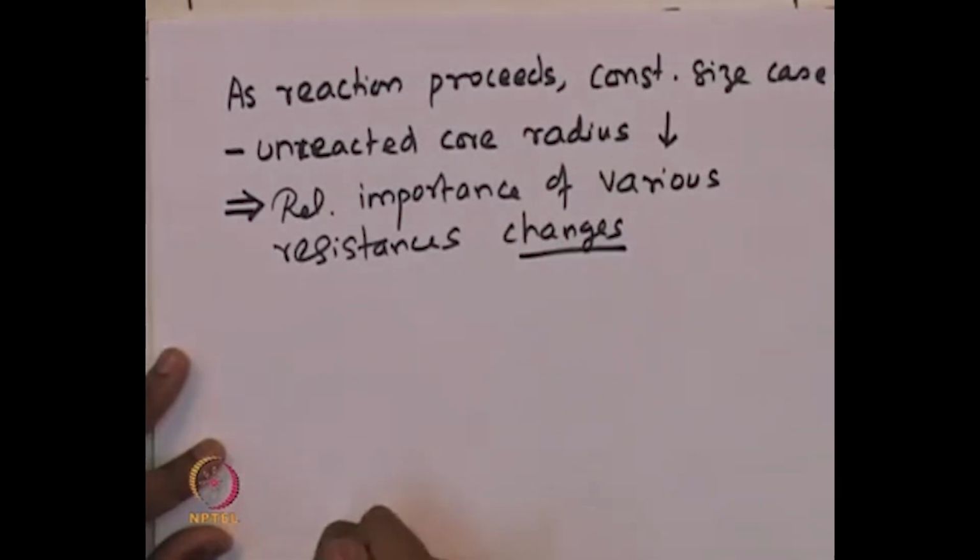That is very important, because there are three resistances. As the size of the unreacted core changes, the relative importance of these different resistances towards their effect on the overall conversion also is going to change.